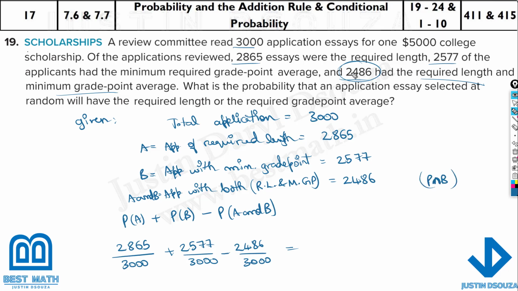That is very important. Figure out where it is. The required length and the required grade points are given separately. You need to add them both and subtract the common. That is how you get it. And remember, probability is always desired by total. The total over here is 3,000. So that's how we do it.